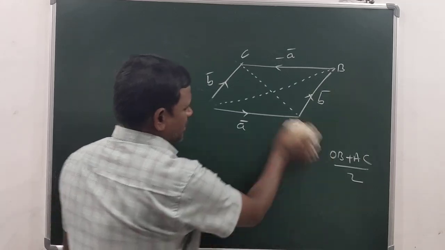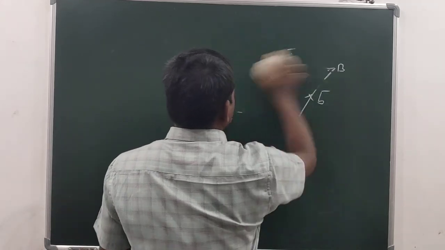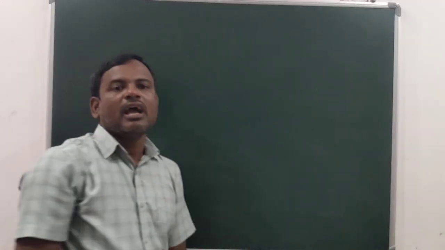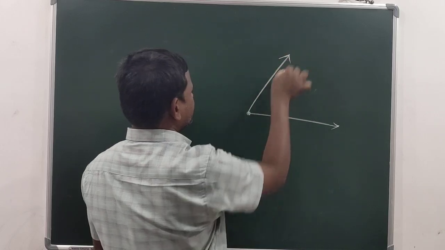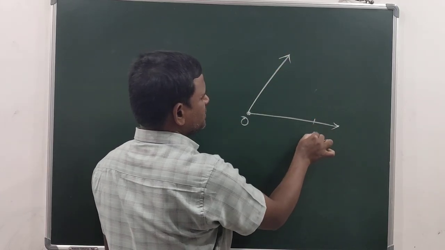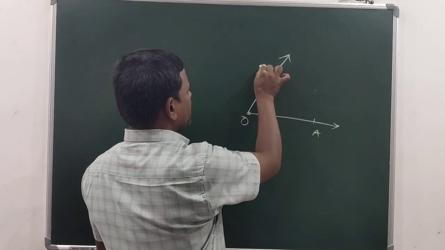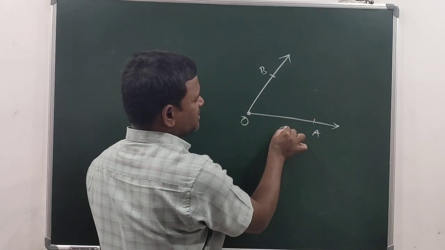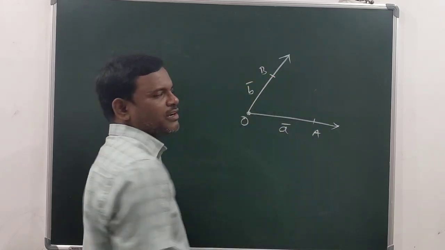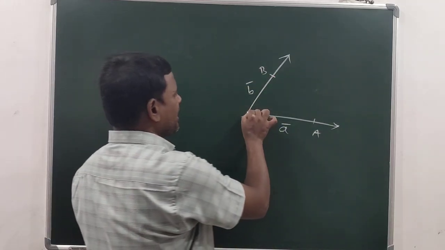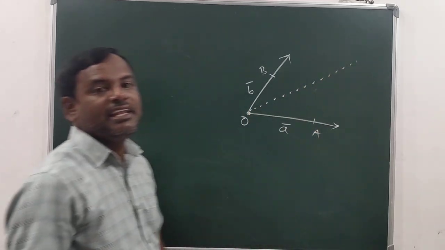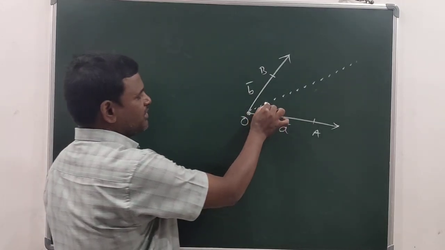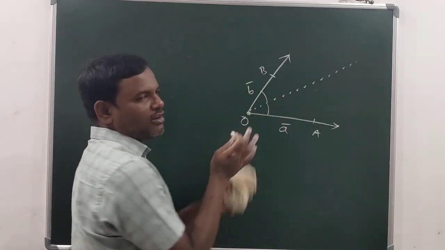Right? Next, now I am going to find angular bisectors. See, this is O, this is A, and this is B. Now OA vector is given and OB vector is given. And they will ask you for the interior angle bisector, which divides this angle into two equal halves.